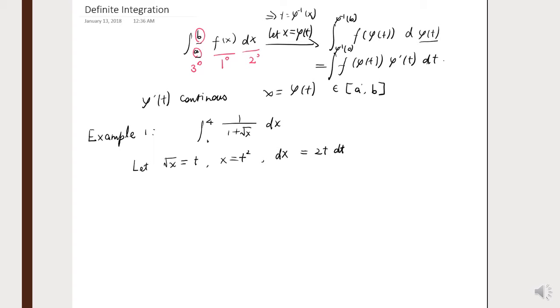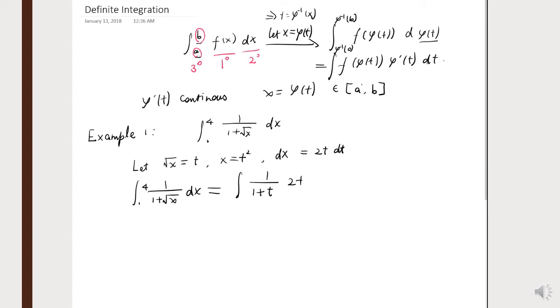Now we have to consider something else, which is the new integration range. But first of all, let's just substitute x with t. So we have the original integration expression converted to this, and we will omit the integration range first and talk about it in just a moment.